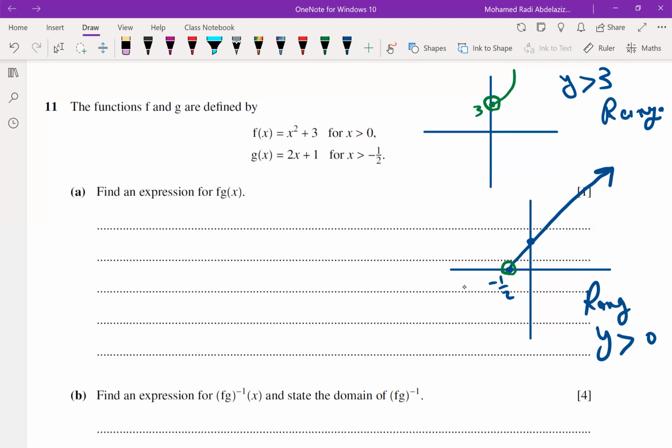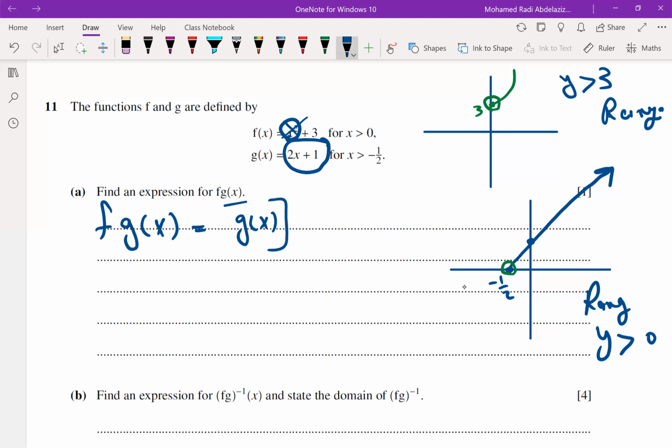So now we defined the range and domain of each part. Let's now start part A. Find an expression for fg(x). It's a composite function. We start to replace 2x plus 1 for x. To get fg(x), the composite function, remove x squared and write g(x) the whole squared plus 3.